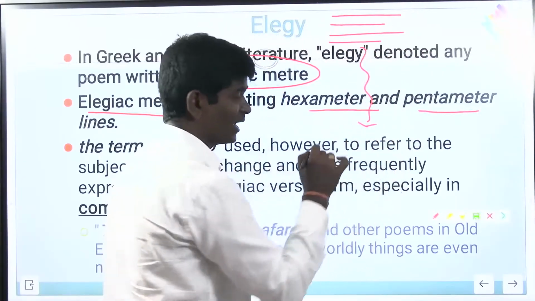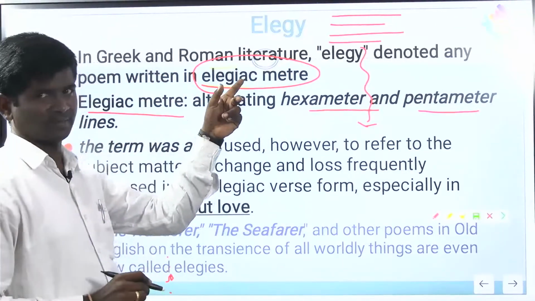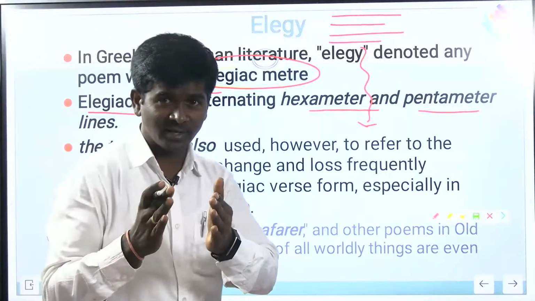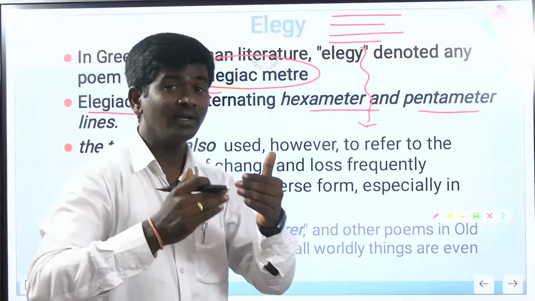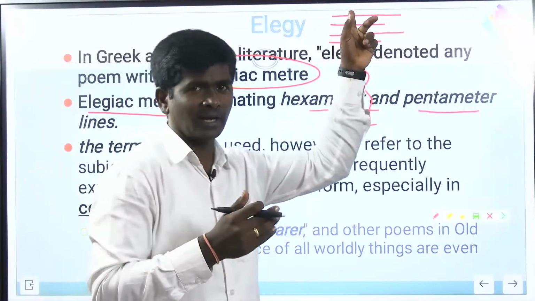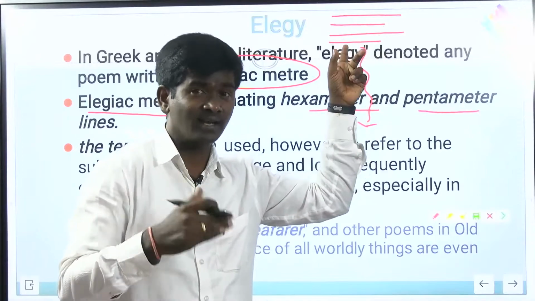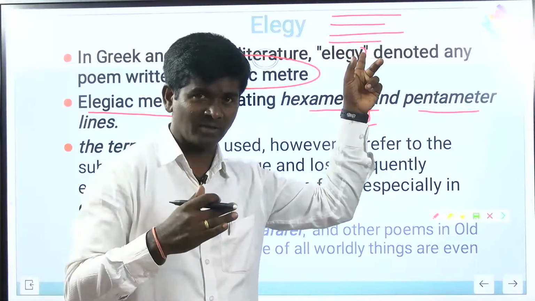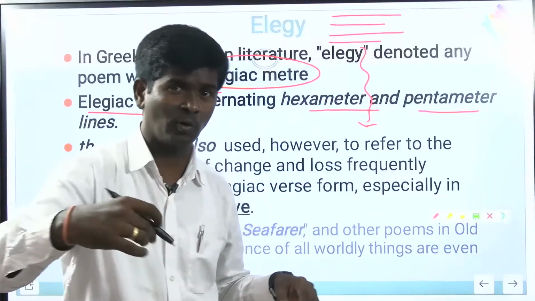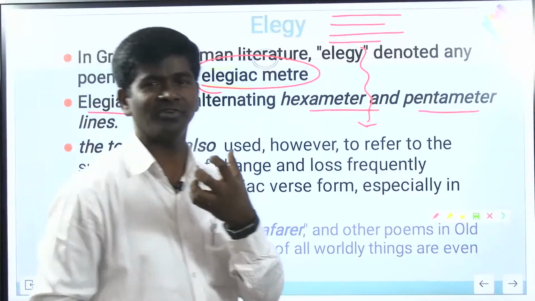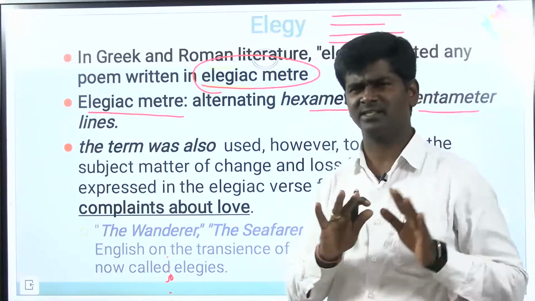This style of writing a poem is called elegiac meter. So elegiac meter refers to a style of writing a stanza or poetry in which the first line is composed in a hexameter line, and the second line is composed in a pentameter line. Hexa, penta, in that way the poem goes on. This style of writing poetry, according to Greek literature, is called elegy. That's it.